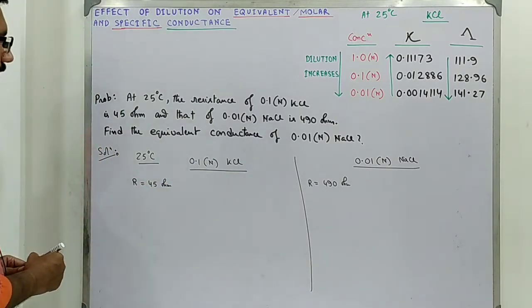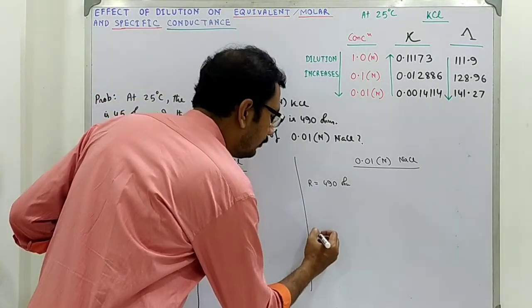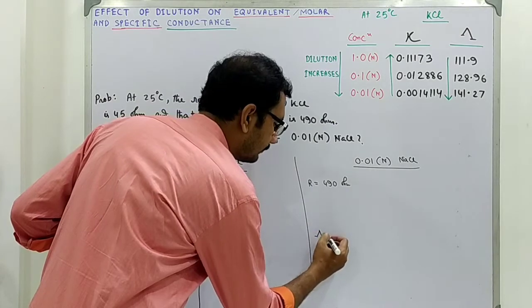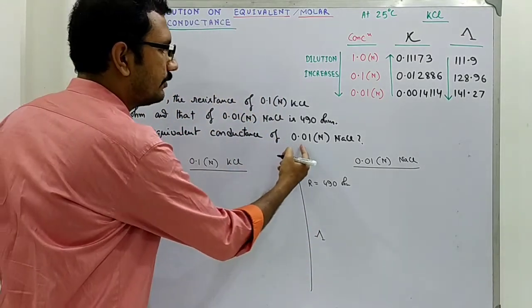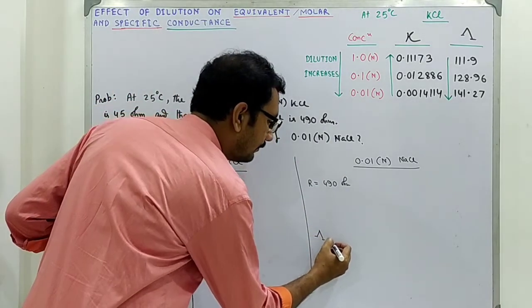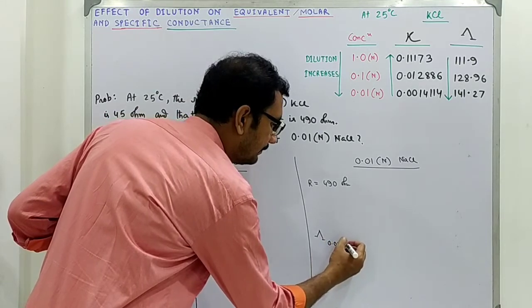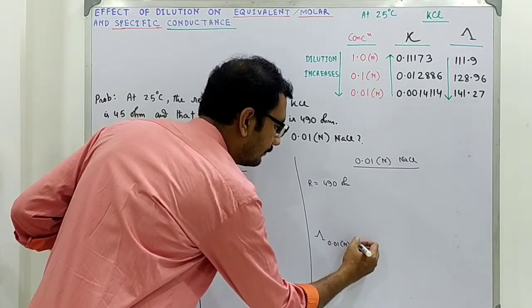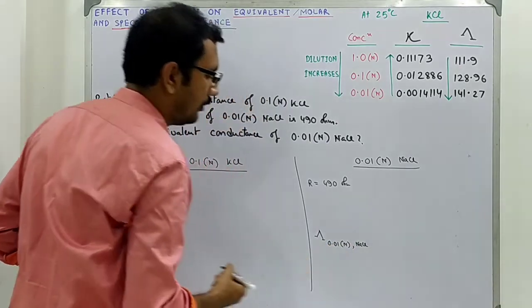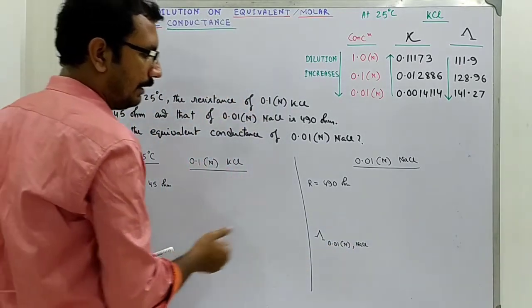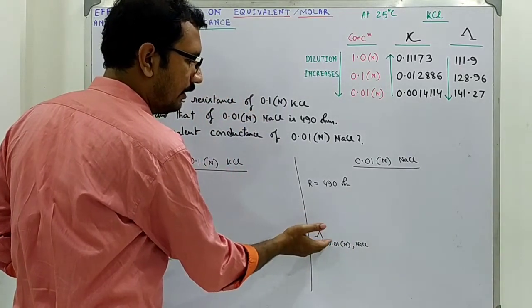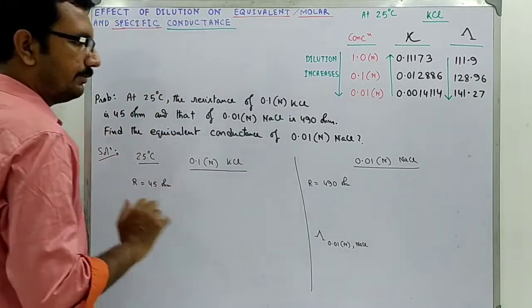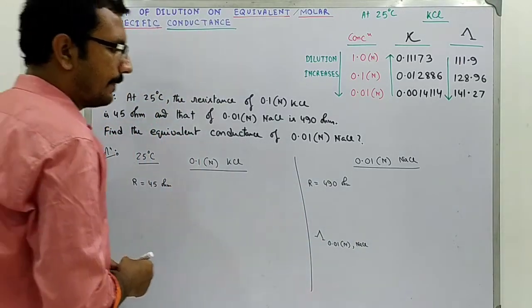What do you have to find? You have to find the equivalent conductance of 0.01 normal NaCl solution. You have to find the equivalent conductance of this solution at 25 degree centigrade.